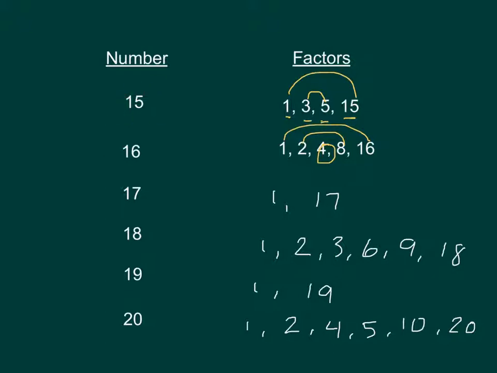Well, 15, 17, 18, 19, and 20 all have an even number of factors. 16 is the only number with an odd number of factors. It has 5 factors. And when I look at those factor pairs, 4 is a special number. It's a square number. 4 times 4 equals 16. If I turn that into an array, it would make a perfect square.